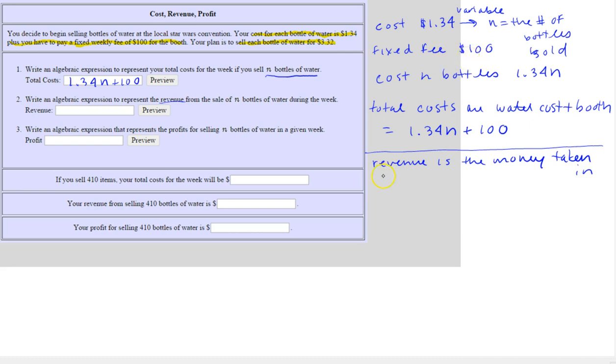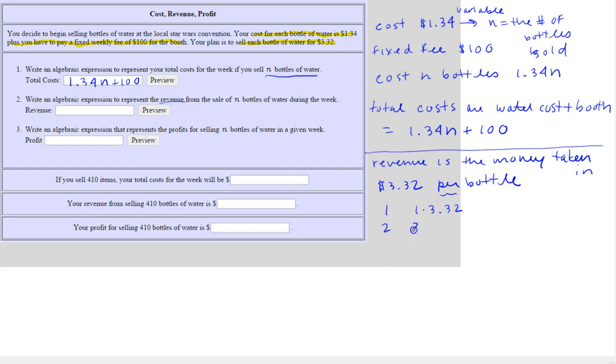So the revenue is, in this case, you're selling each bottle for $3.32 per bottle. And again, notice the word per because that usually tells us that it's a rate. So if you sold one bottle, you'd make 1 times $3.32.